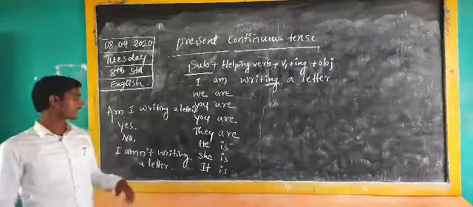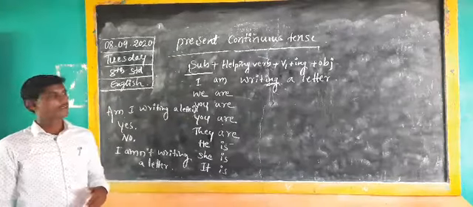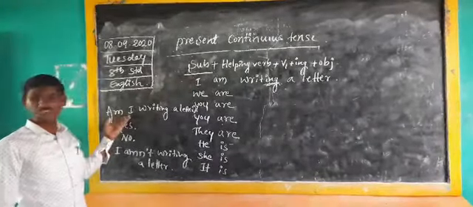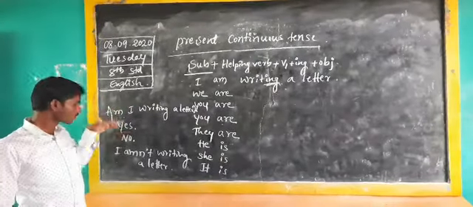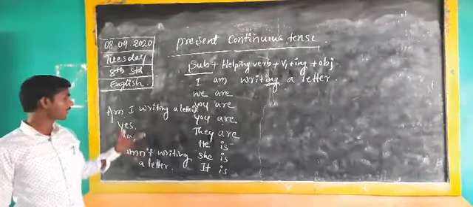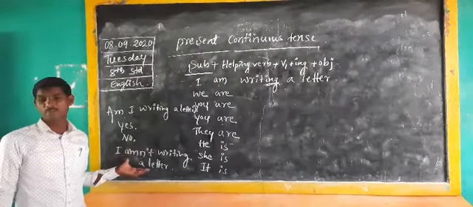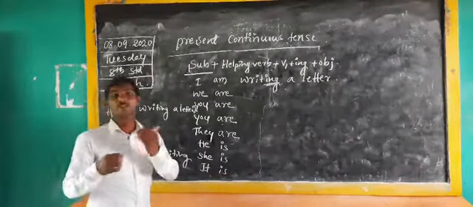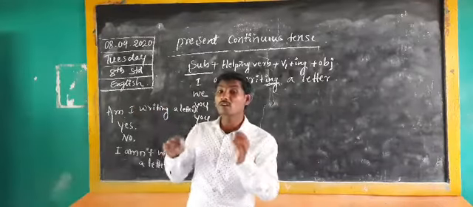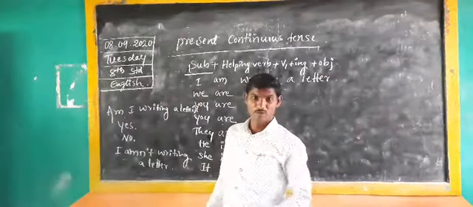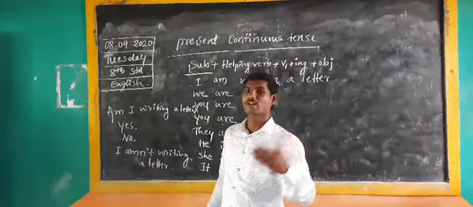What do you have to understand? Yes or no statements: how to convert a positive statement into a question sentence, and a question sentence into a yes or no sentence. Yes means a positive statement, no means a negative statement. In a negative statement, we use the word not only with the helping verb, not the main verb. It is a rule, so you have to understand.